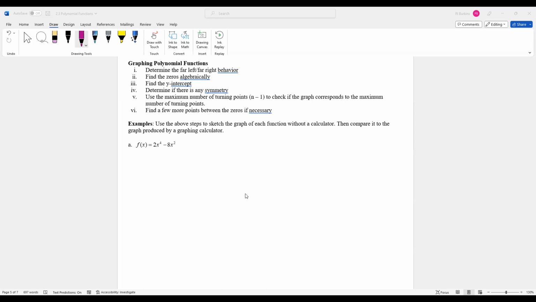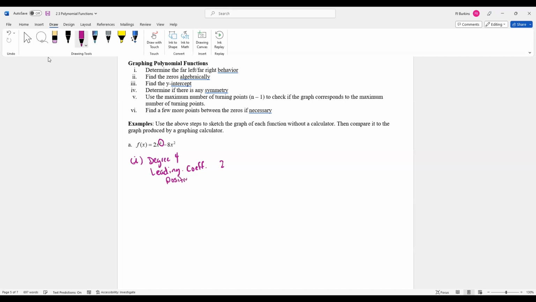All right. So the first example we have here, right? First thing they ask us to do is to determine the far left and far right behavior. Remember, we have to find the highest degree. In this case, we have degree 4. My leading coefficient is 2, and so that's positive.